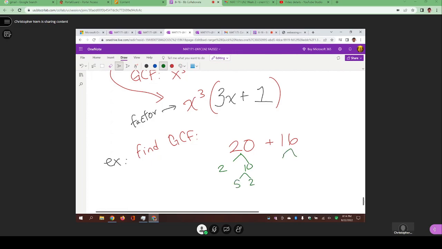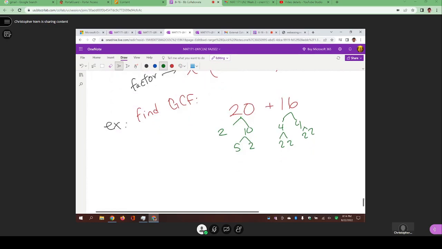And then 16 can be broken up into 4 times 4, 2 times 2, 2 times 2. And then if we think of it like our prime numbers, we have 5 times 2 times 2 plus 2 times 2 times 2 times 2.